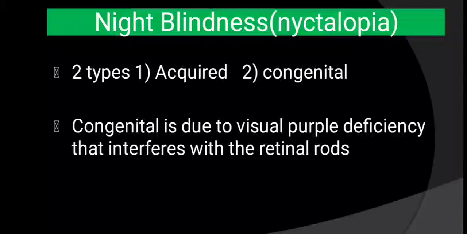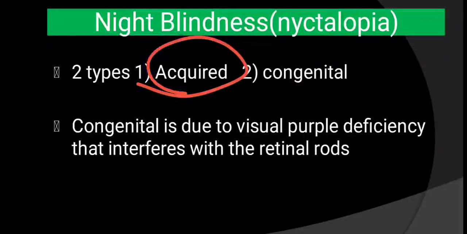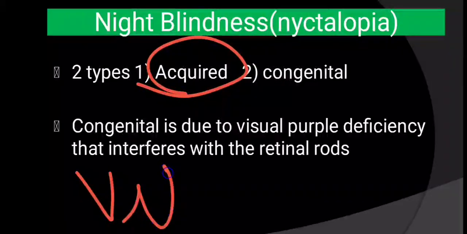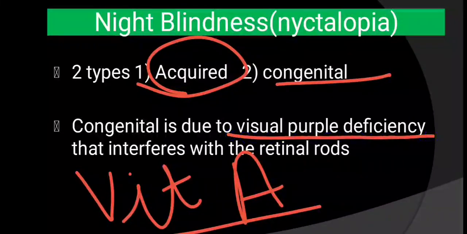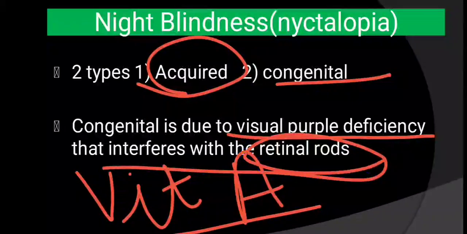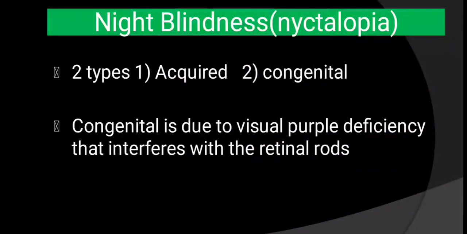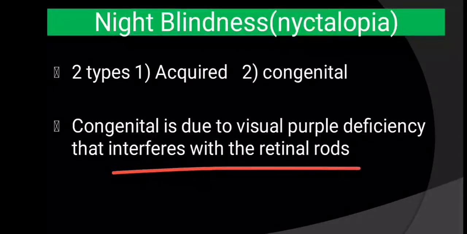Next is night blindness, also called nyctalopia. Night blindness is of two types, acquired and congenital. The acquired type is due to the deficiency of vitamin A, whereas the congenital type is due to visual purple deficiency that interferes with the retinal rods.